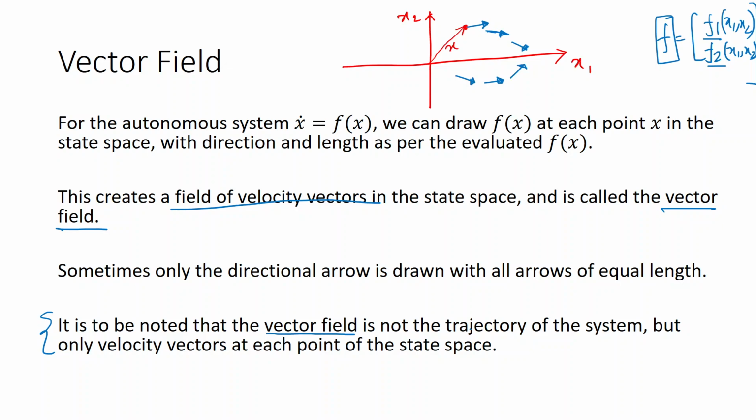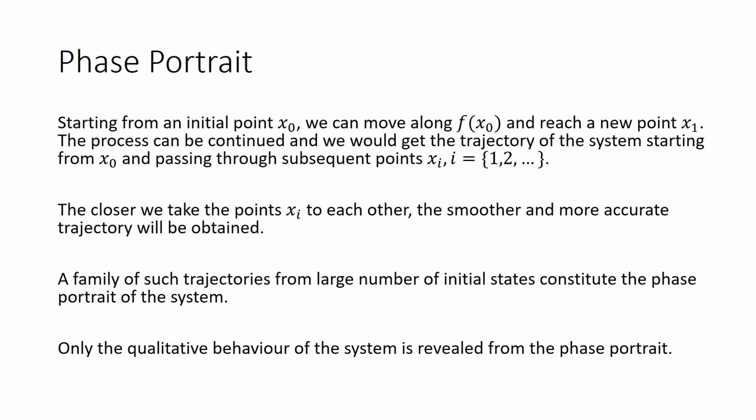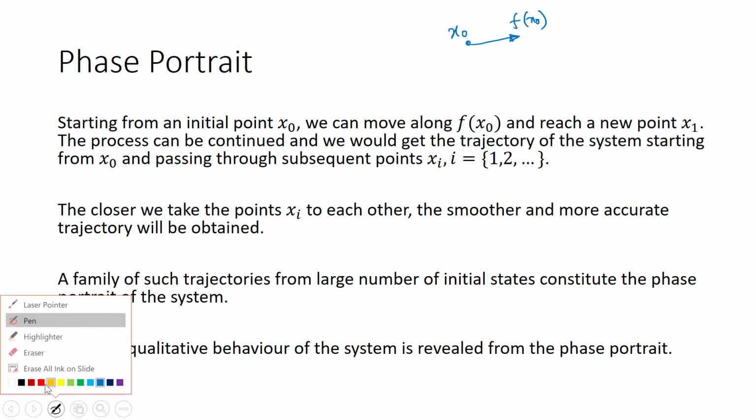With the help of these vector fields, now you can actually draw a trajectory. How? You can start from any initial point x0 and move along f(x0). So you have a point x0. Suppose this whole screen is the state space. You have a point x0 and you have a direction f(x0) in this direction. You don't have to move along the entire length of the arrow f(x0).